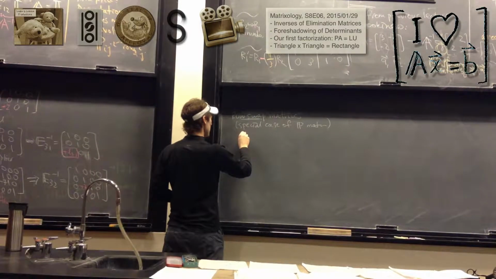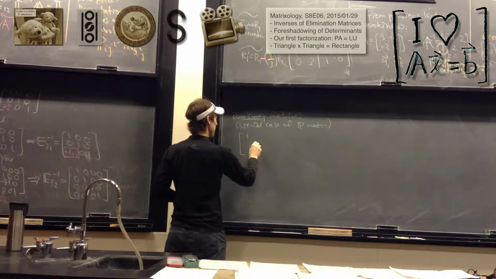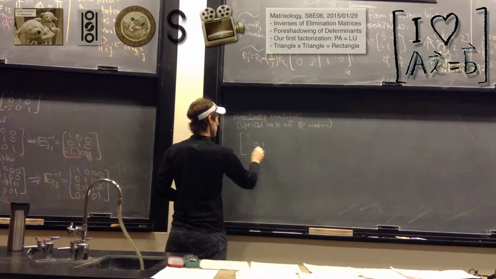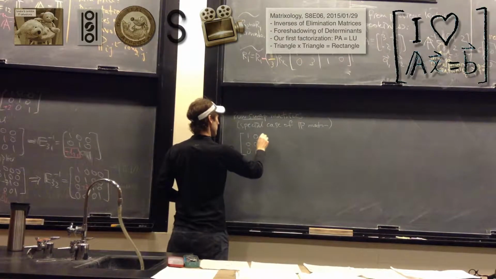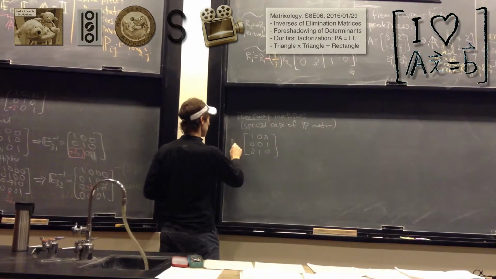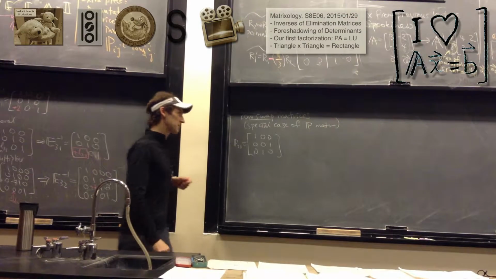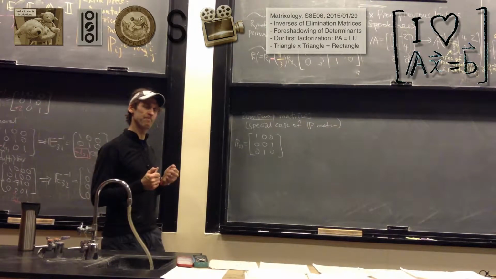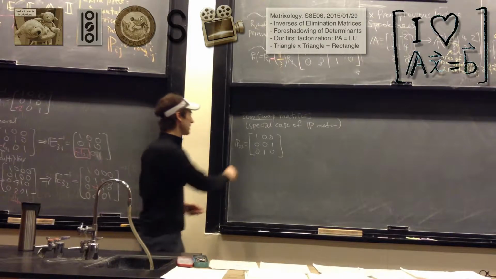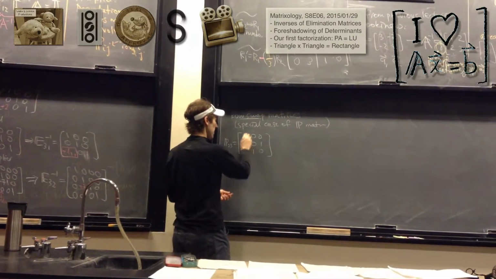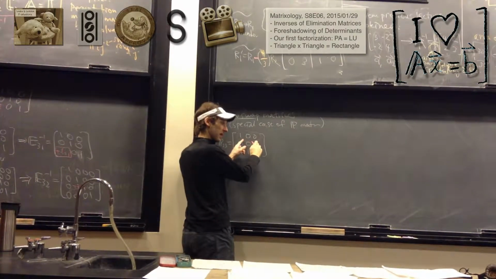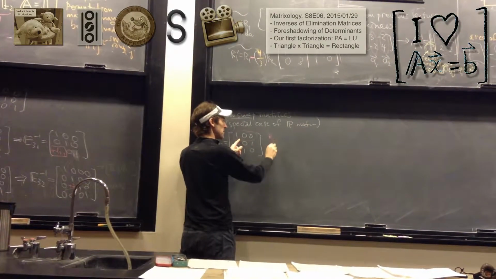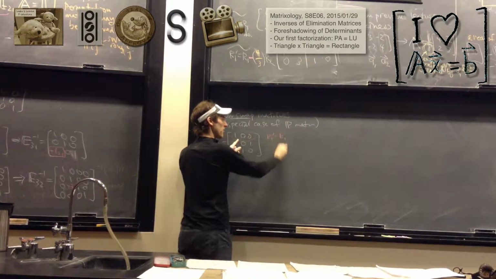So let's see. This one, for example, we'll call this one P23. So what does this do? It encodes the row swap 2 and 3, right? Because read across what it says. Let's write. So this is useful now. We haven't done this before. This is saying row 1 prime is row 1.